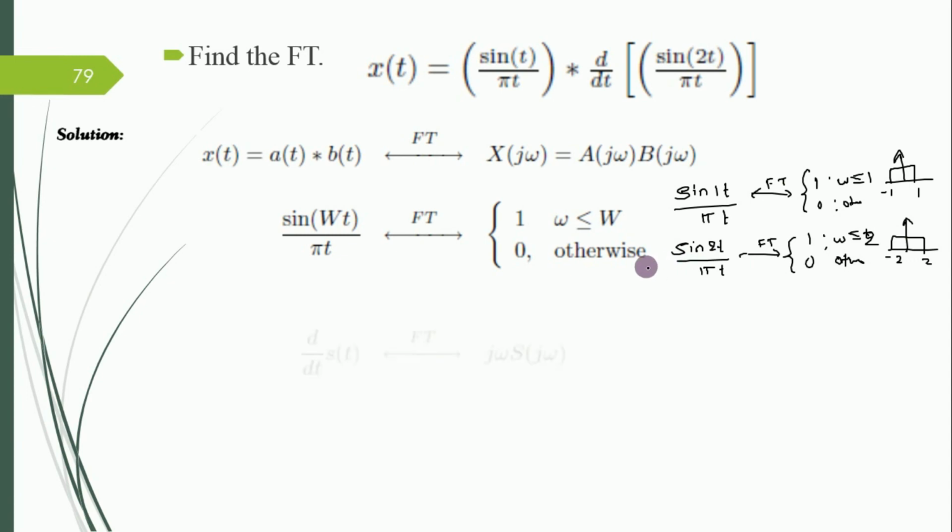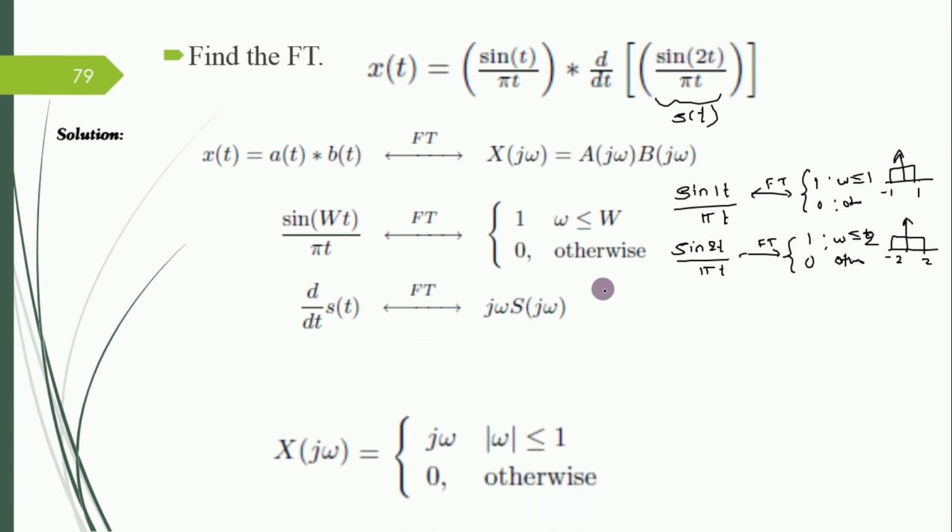Okay. So now what I do is, in frequency domain we get multiplication. So when you multiply, the overlap will be from only this to this. So that is what you have to identify. So d by dt of s of t, if I call this s of t, its FT will be j omega, capital S of j omega. So this j omega gets multiplied in the range.